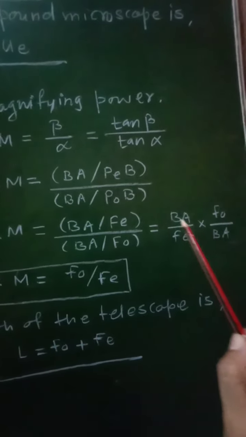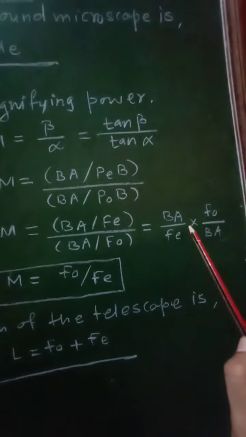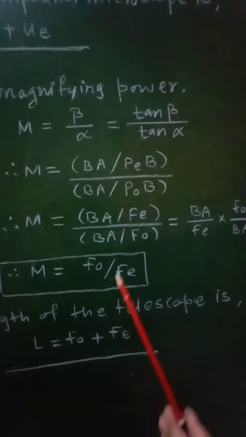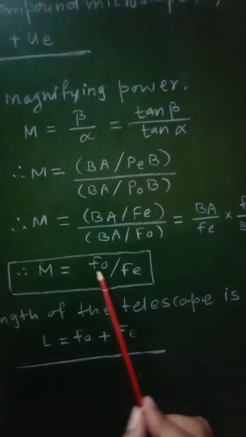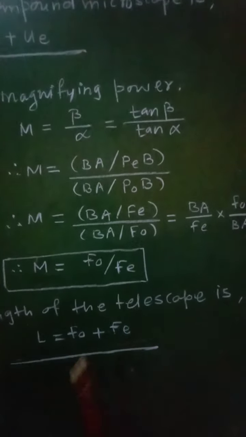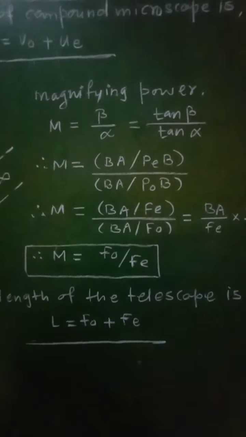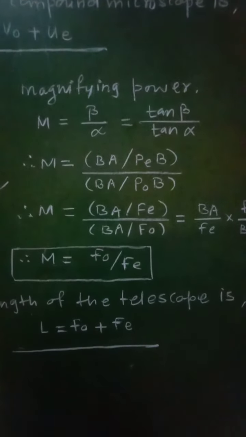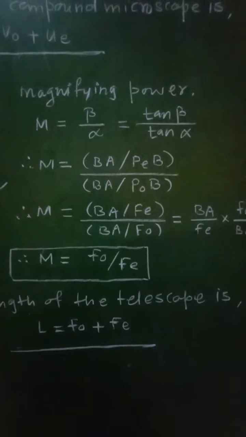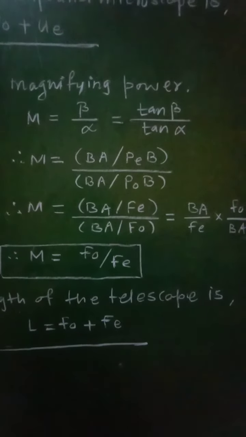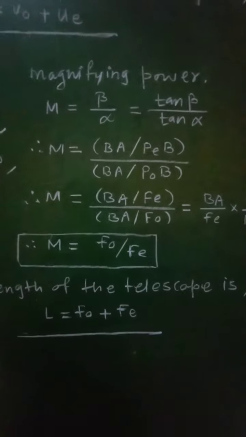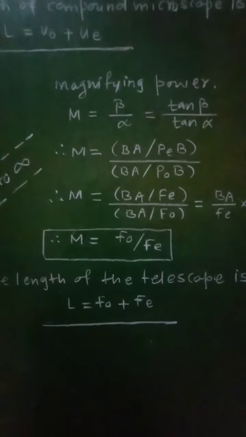That will be written as BA upon FE into FO upon BA. BA will get cancelled, and therefore we get m equal to FO upon FE. So this expression gives the magnifying power or angular magnification of the telescope, that is the focal length of the objective divided by the focal length of the eyepiece.